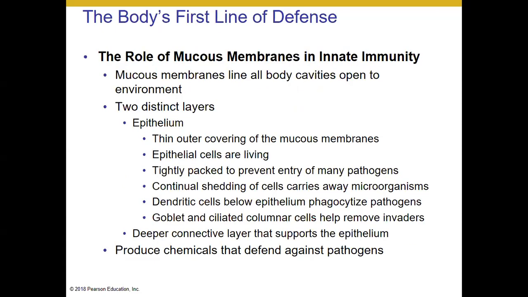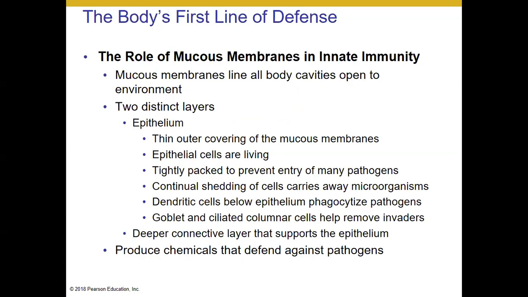All right. So, mucous membranes. This is typically the most common site of pathogen invasion, right? And again, all body cavities that are open to the environment. So that's going to be, bless you, your respiratory tract, your digestive tract and your urogenital tract.